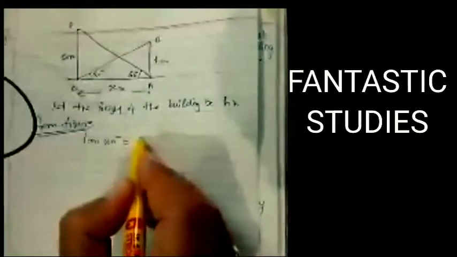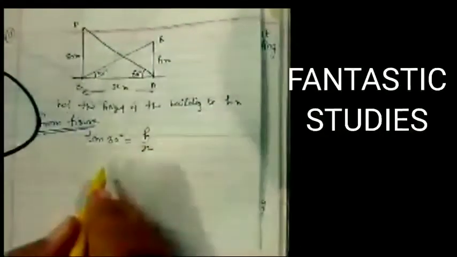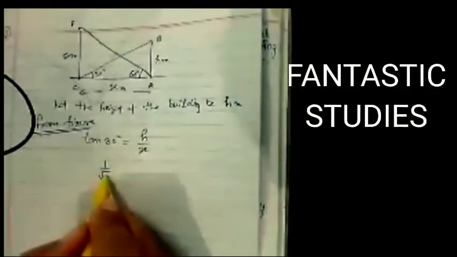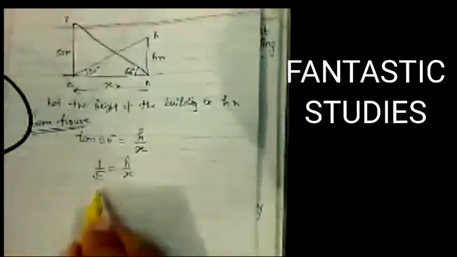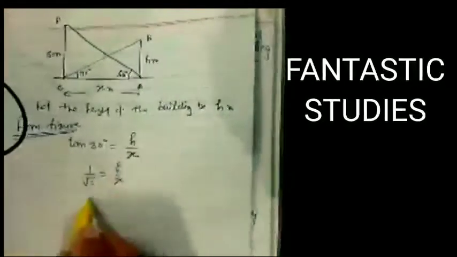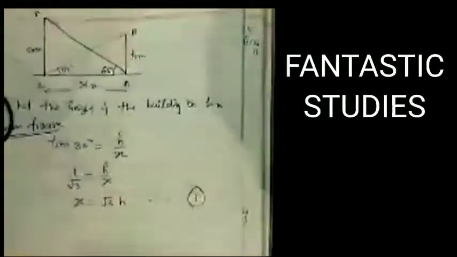According to our figure, it is H by X. Now the value of tan 30 you must know, it is 1 by root 3. So 1 by root 3 is equal to H by X. If we cross multiply, then X is equal to root 3 H. This is equation 1.